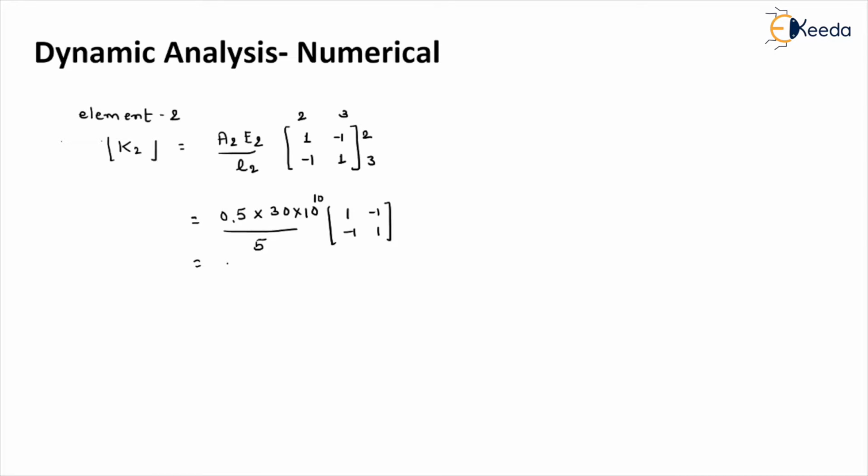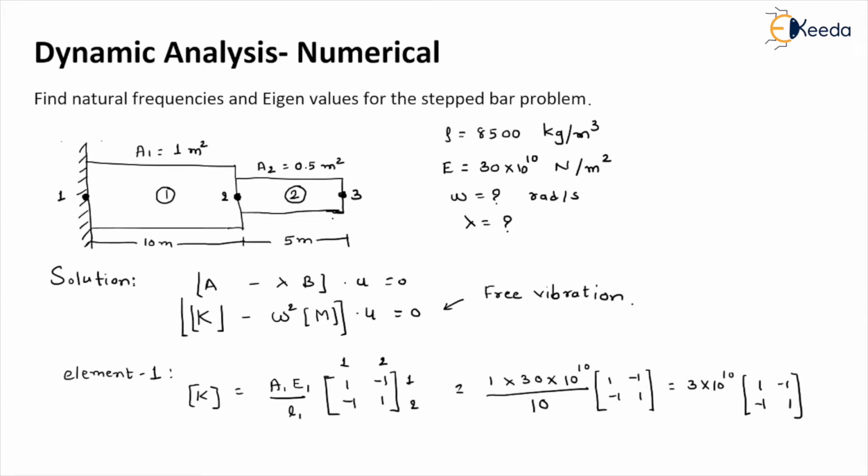If we calculate this, we get 3 into 10 raised to 10 times 1 minus 1 minus 1 1. This is for nodes 2 3 2 3. Now we have obtained the stiffness matrix for the elements.